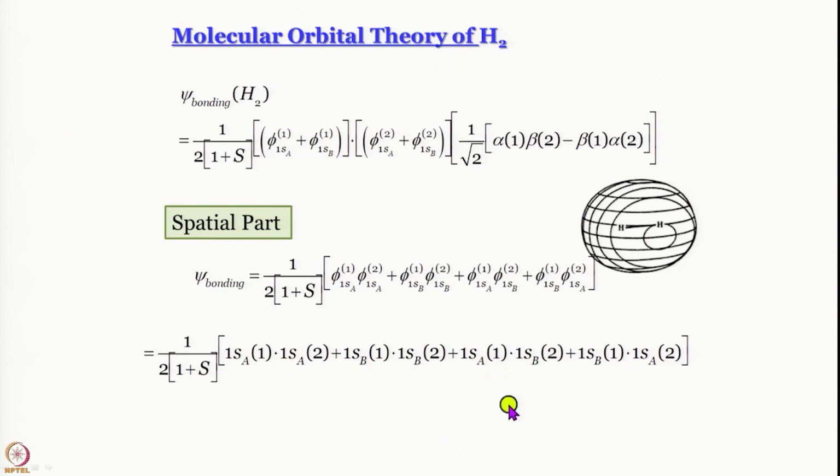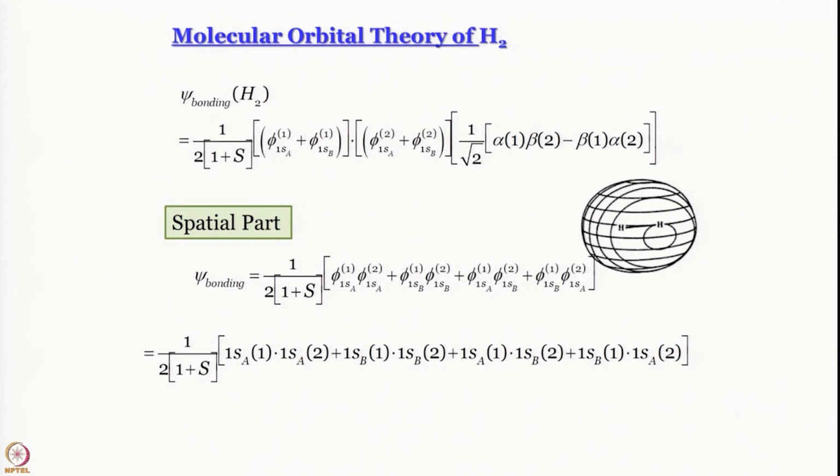The third term is 1sA1, 1sB2. Electron number 1 in atom A, electron number 2 in atom B. Now look at the first two terms, 1sA1 1sA2 and 1sB1 1sB2. What do these stand for? These stand for the situation where both the electrons number 1 and 2 reside on atom A or both the electrons reside on atom B. So, what kind of situation is that?